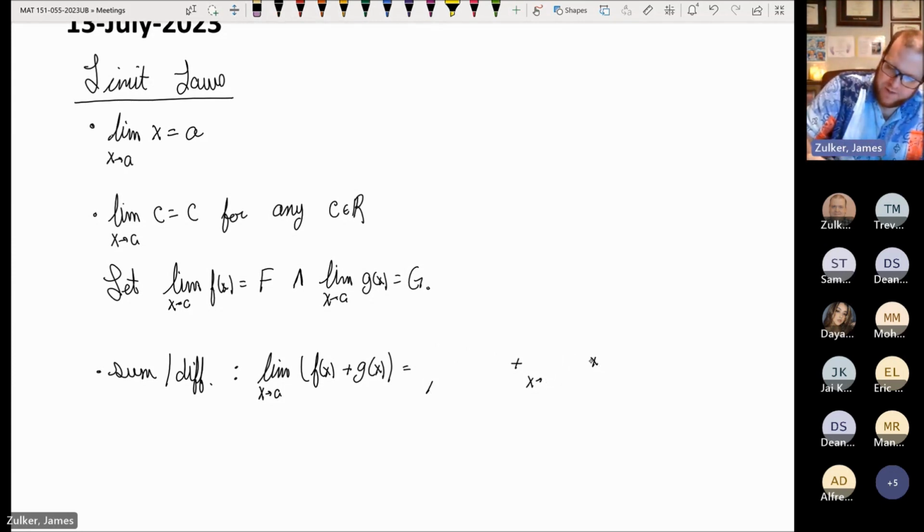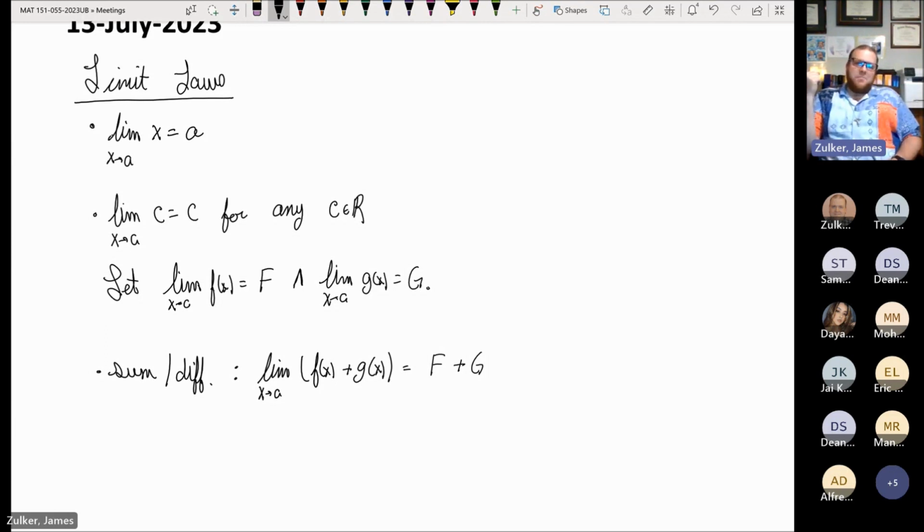Right, I can then simplify this. As long as the limits exist, if you take the limit of a sum, it's just the sum of the limits. And you can easily see that this is going to extend to the sum of more than two functions. Also, if you take the limit of a difference, it's the difference of the limits.